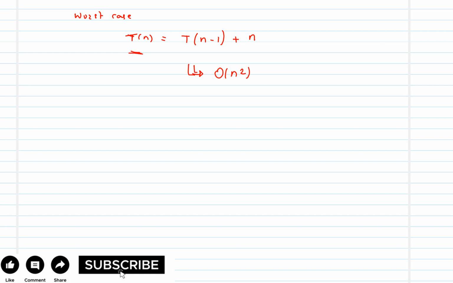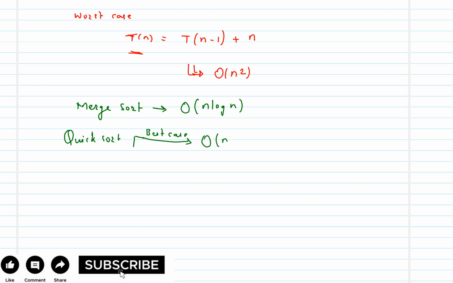For merge sort, every time we were converting the array into n by 2 size, so its complexity will always be big O of n log n. But for quicksort we have two different complexities. One is the best case, which is big O of n log n, quite similar to merge sort.